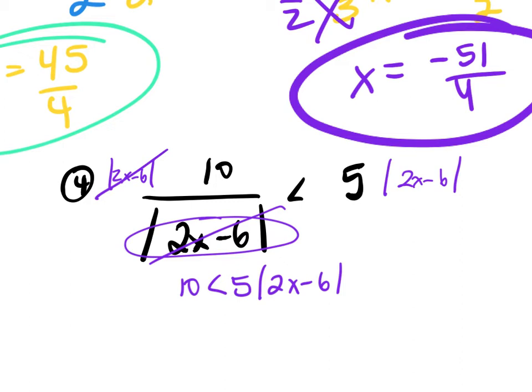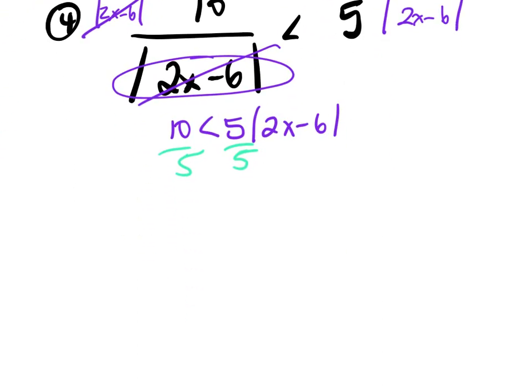I need absolute value by itself, so I'm going to divide both sides by what? Good. Divide by 5. Now, I'm going to rewrite this as the absolute value of 2x minus 6 is greater than 2. I flipped the sign, yes, but because I flipped the absolute value to the other side.